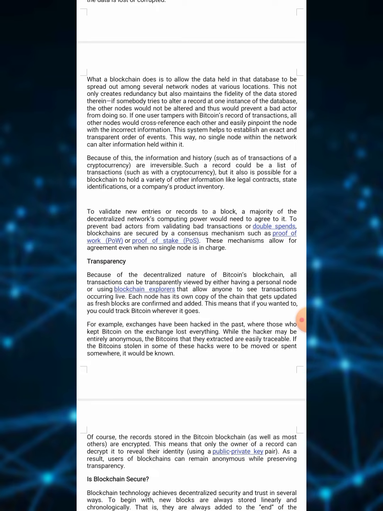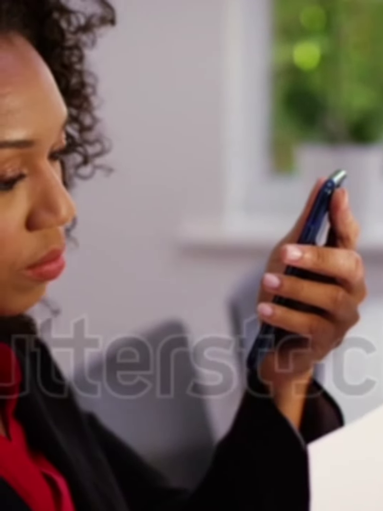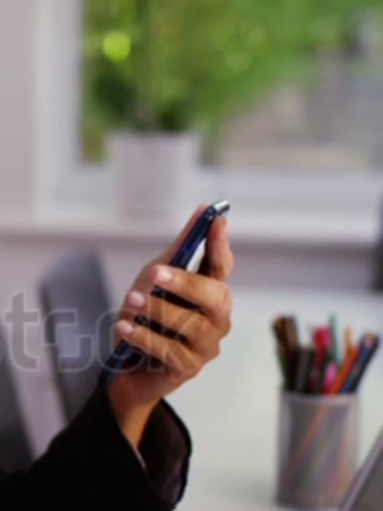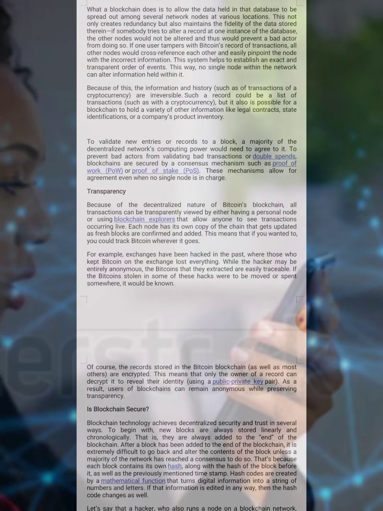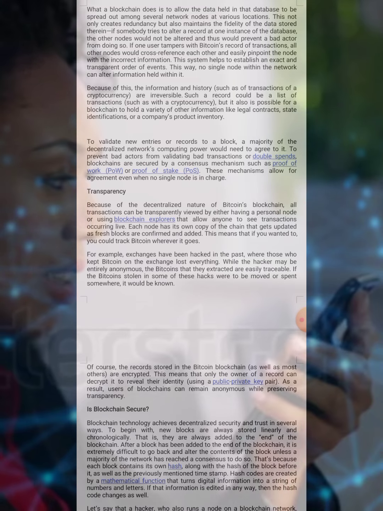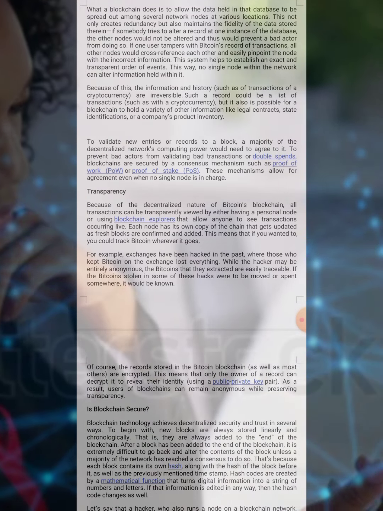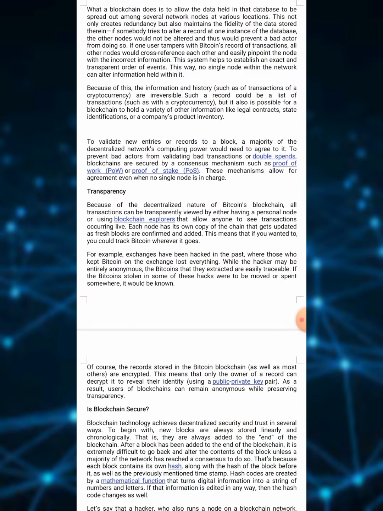So guys, if you want to see the transactions going in and out of a particular network, such as Ethereum or Binance, for example, you just need to go to the blockchain explorer, then search for that particular transaction using the contract address.